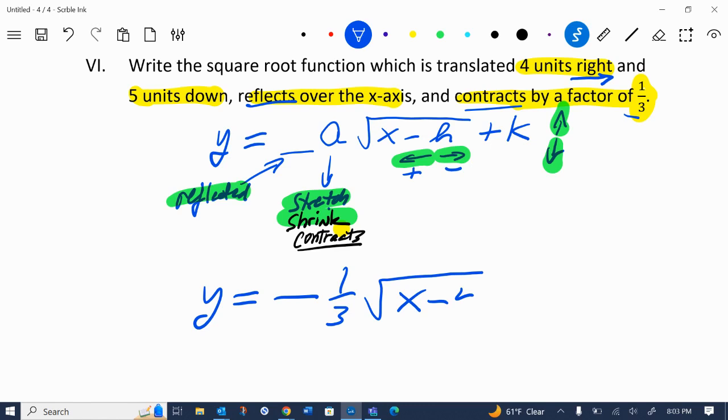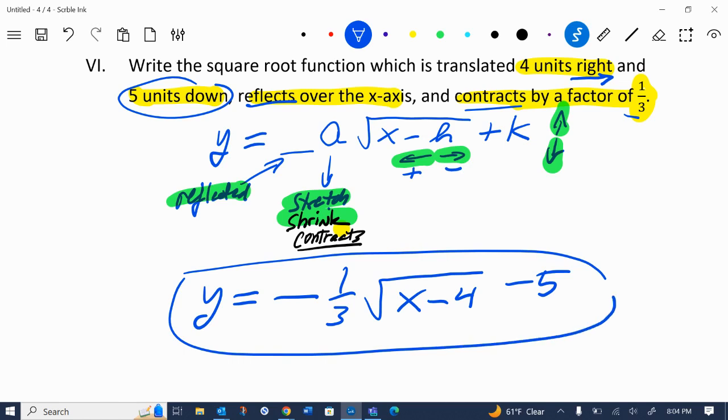So it's going to be minus 4, and this one says it's 5 units down, so it'd be minus 5. So that includes all 4 things in it. It includes the minus, it includes the 1/5, the negative 4, and the minus 5. Okay, I'm done with using the yellow pen.